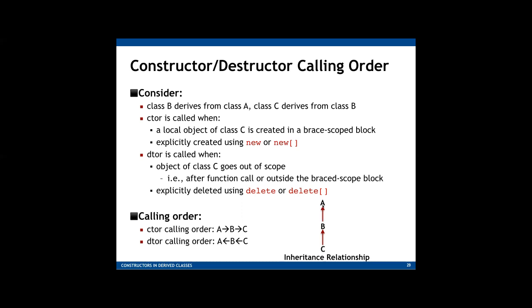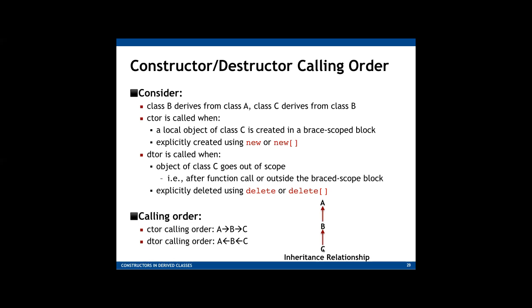Then in which order the constructor and destructor of base and derived classes are called? As I explained in the previous slide, the first action taken by a derived class constructor is calling the base class's constructor. So when an object of C is created, first a constructor for A is called, then constructor for B, and finally class C constructor is invoked.